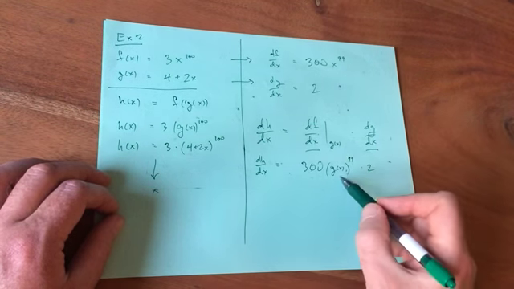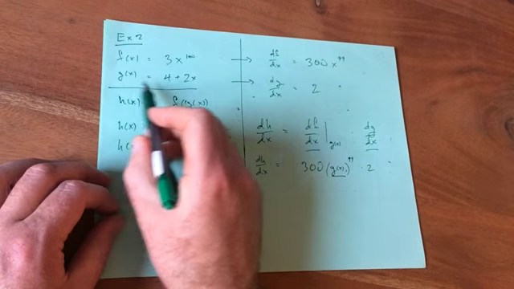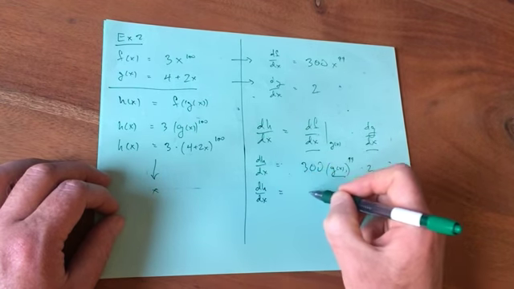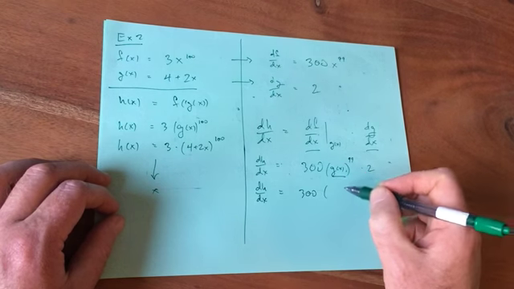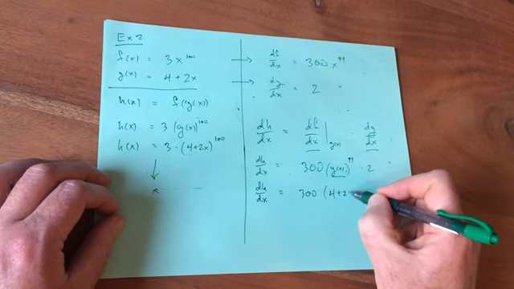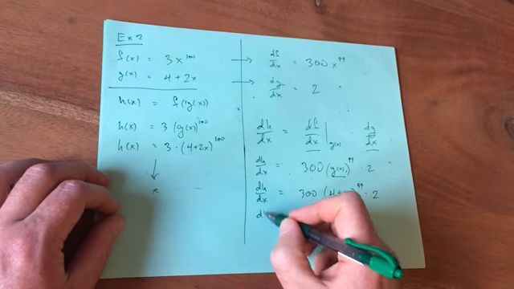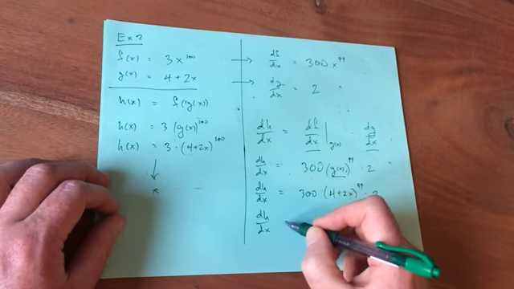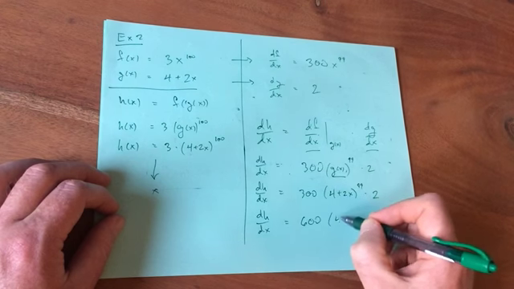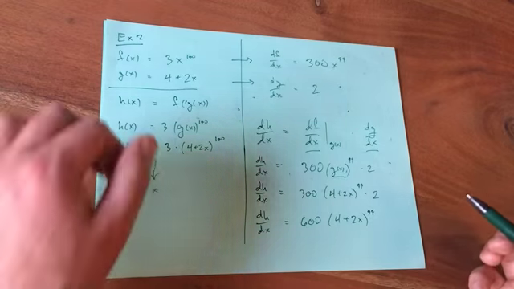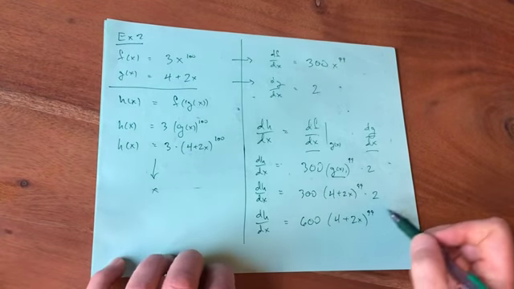All right, now we can plug in for g. The definition of g here is 4 plus 2x. So dh/dx is equal to 300 times (4 plus 2x) to the 99 times 2. And I suppose it makes sense to just write this as 600 times (4 plus 2x) to the 99.